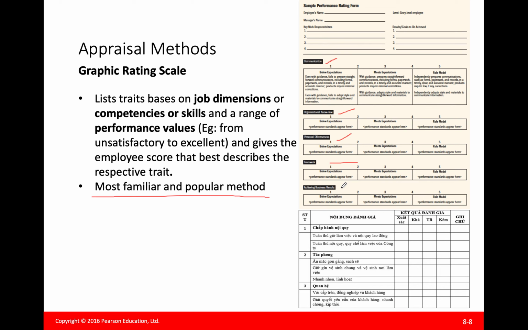And there is a scale, một cái thang đo ha. There are scales of performance, một cái thang đo năng suất. The scale can be below expectations, meets expectations, or role model. So the scale is from 1 to 5 maybe, or 1 to 4, depends. So 1 to 5, from worst, below expectation, to best, role model.